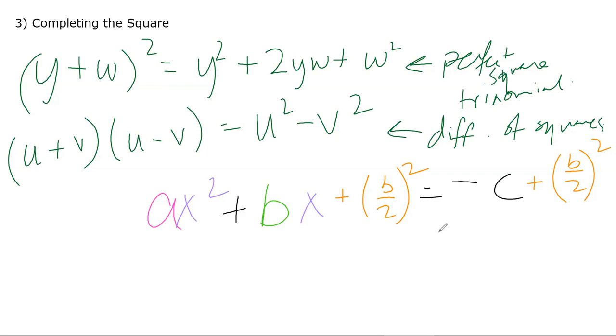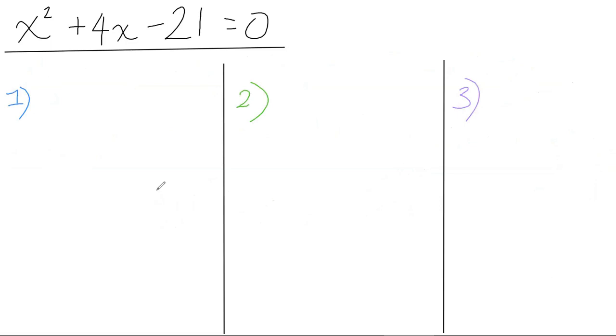All right, so let's actually work on some examples. Let's start off with x squared plus 4x minus 21. In this problem, let's first do it with factoring. When we factor, we want to figure out the two factors of negative 21 which add up to positive 4.